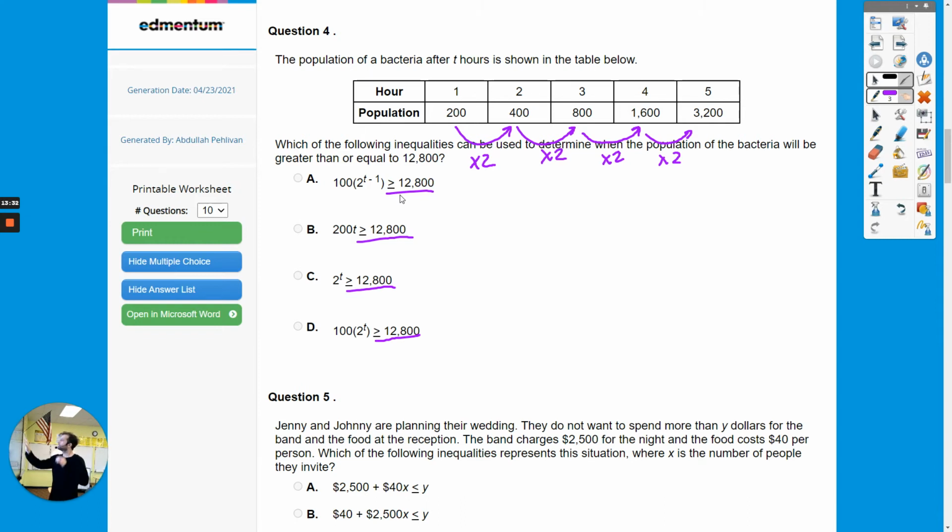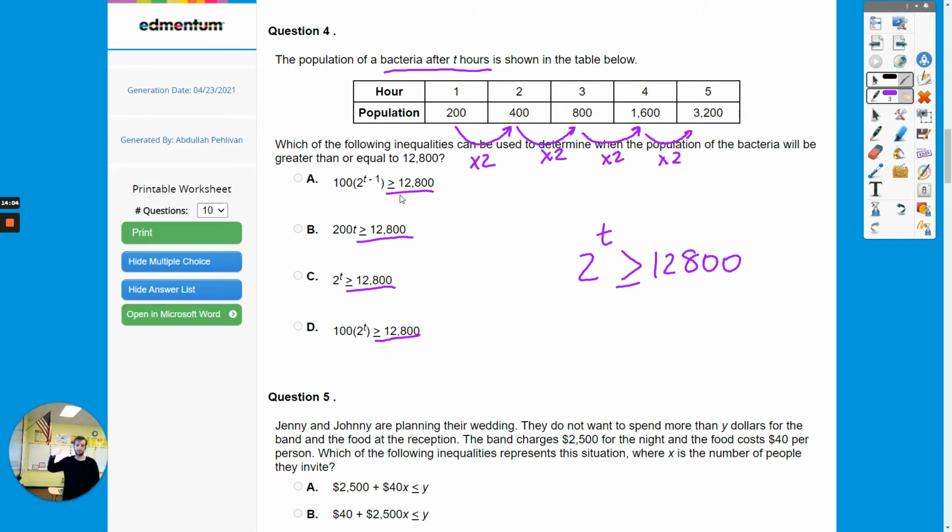So now we need 2 to the power of a variable, because we are trying to figure out how much time it'll take. After t hours, we are trying to figure out how much time this bacteria needs to be equal to 12,800, and we want it to be at least 12,800.